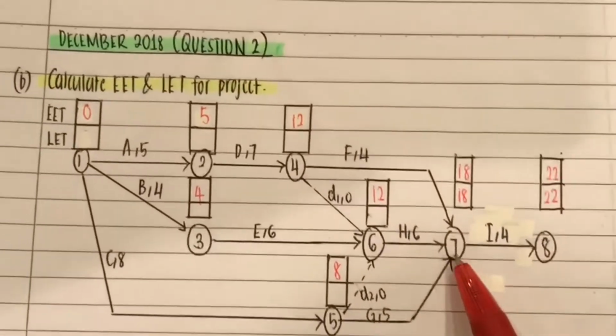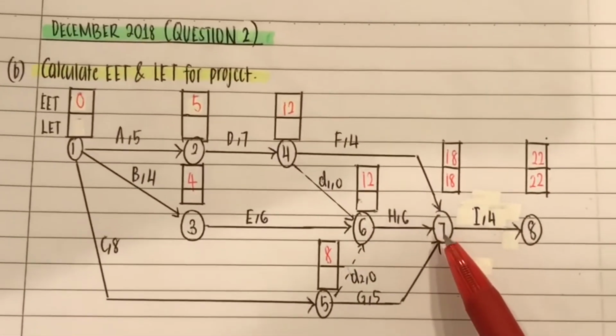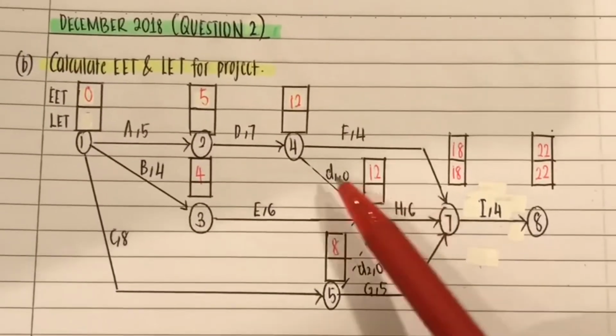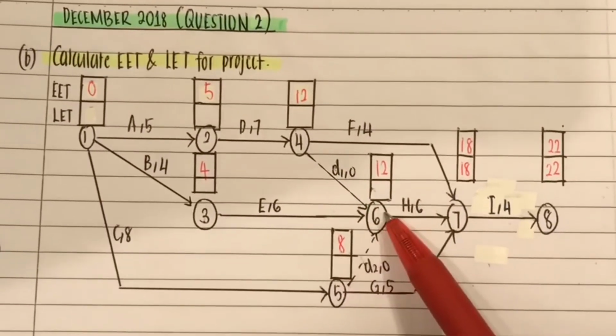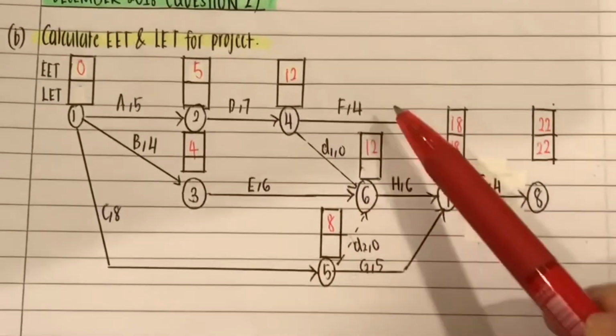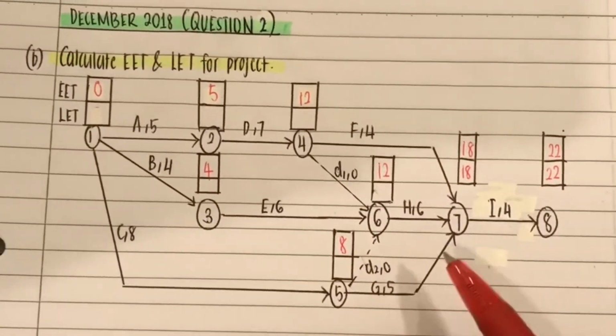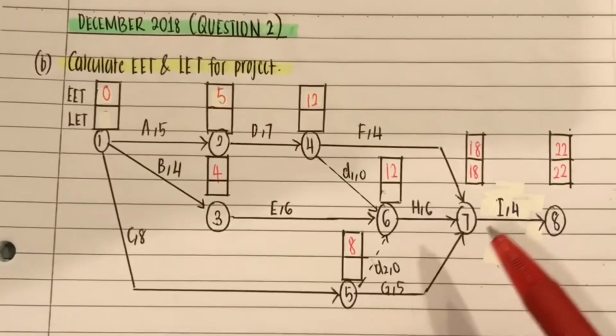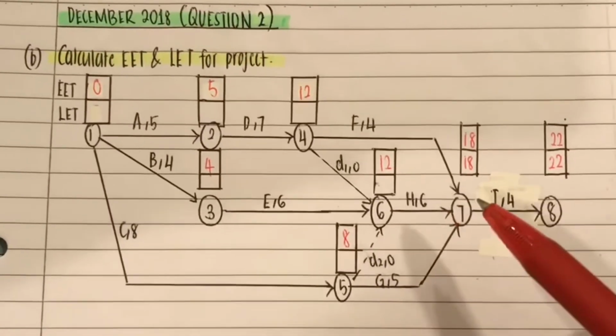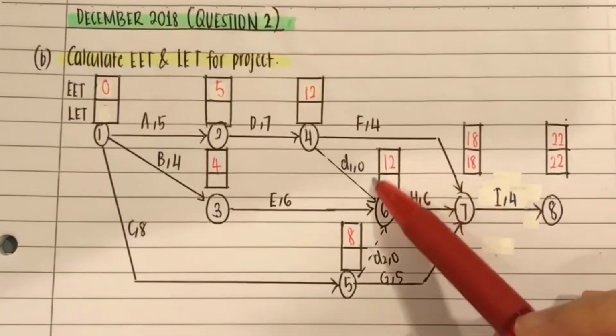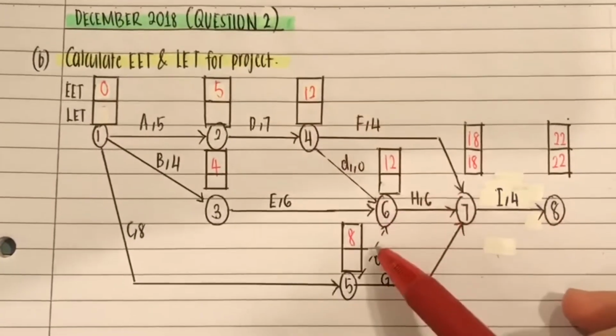Now from here, from 7 here, 4, 5, and 6 will be affected by which number you have to choose. So for backward pass, you will take the smallest number for the LET.